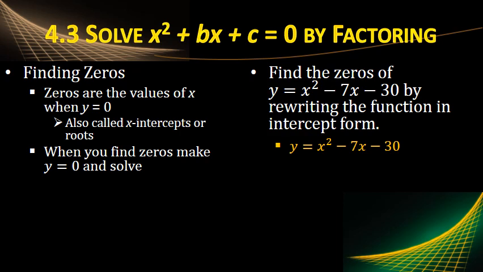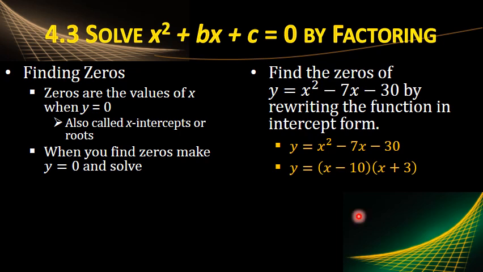Remember, it was parentheses, x minus p, x minus q, it's just factored. So we need to factor. You have to say, what times what is x squared? Probably x and x. What times what is negative 30? Maybe negative 10 and 3. And then we need to check.